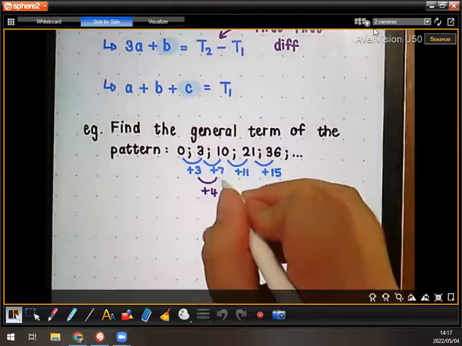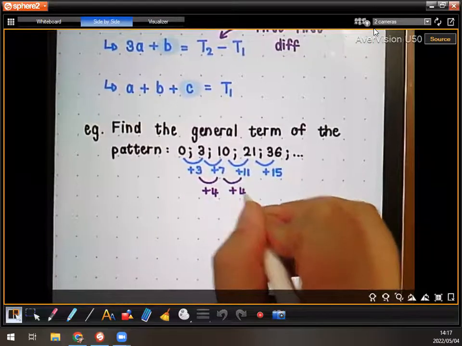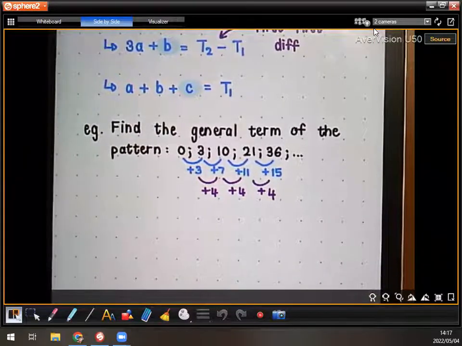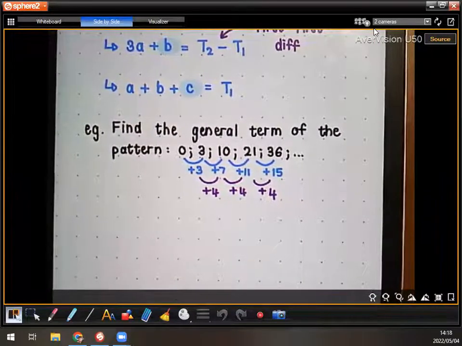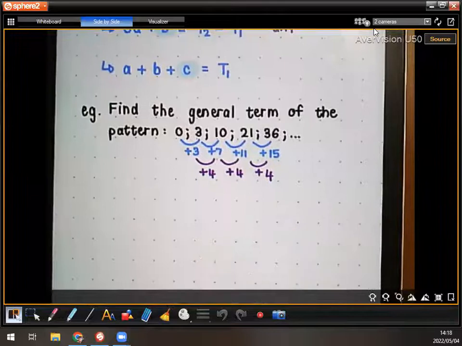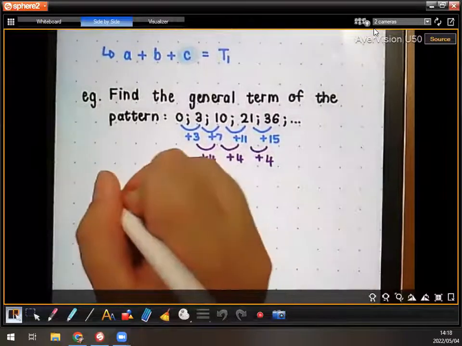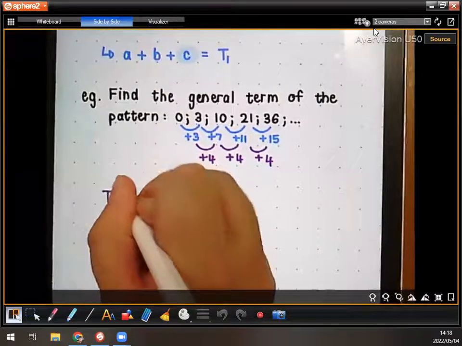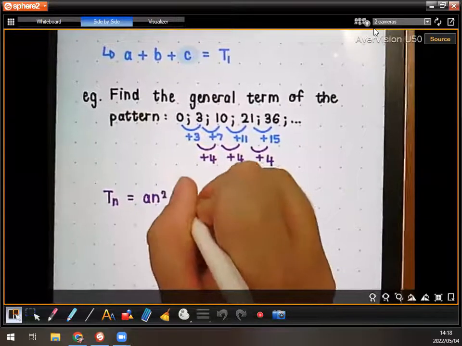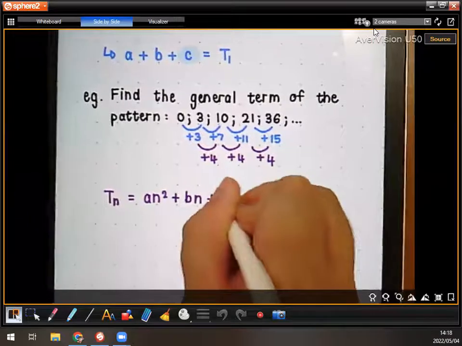It's 4, and then 4 again, and then again 4. So the second difference is constant, so it's a quadratic. That's also something that you must memorize. So we're going to use this Tn formula: an squared plus bn plus c.